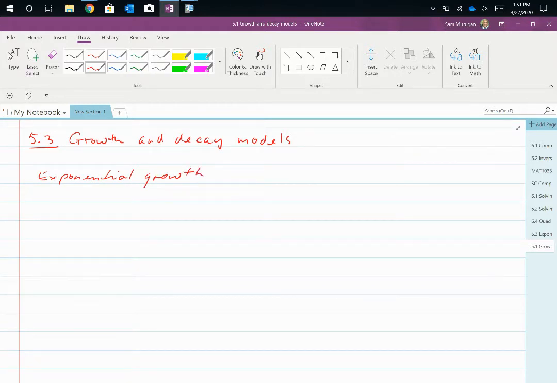is generally given by the equation, and we can use a generic here. We can say A is equal to A0 e to the power RT. Exponential growth and decay, usually given by this model here. Where A0 is the initial amount or quantity.